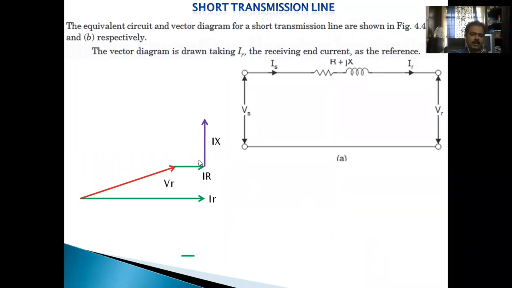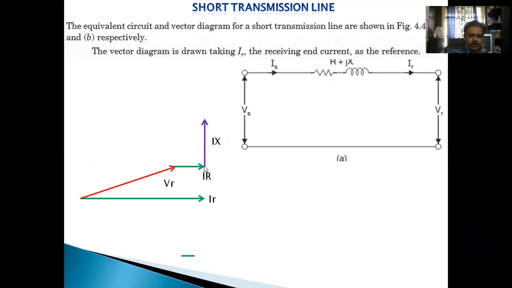So the voltage drop is the current multiplied by the reactance, at an angle of 90 degrees.